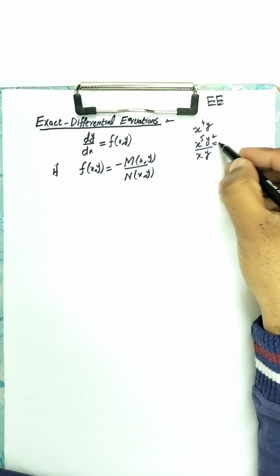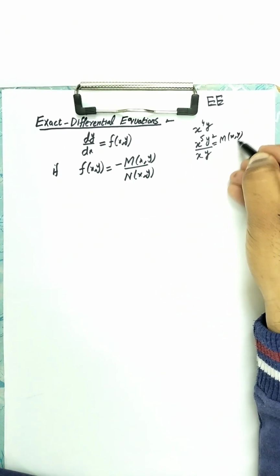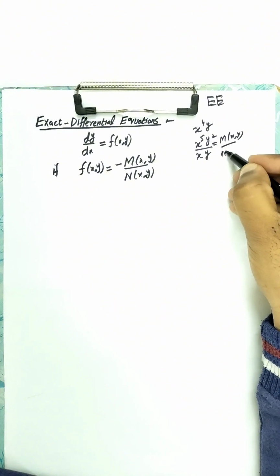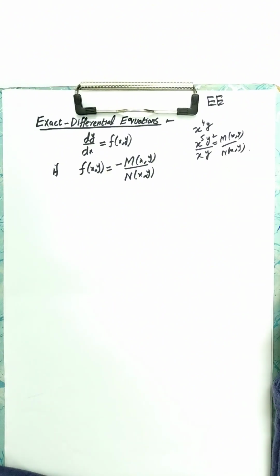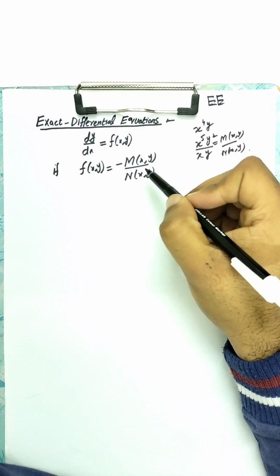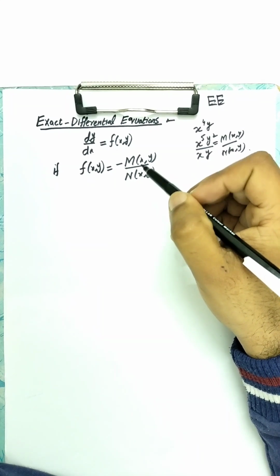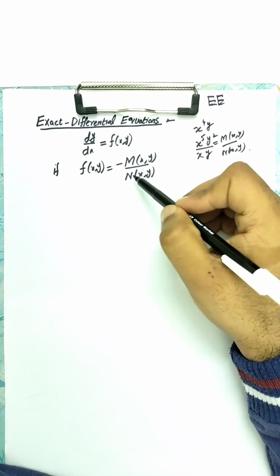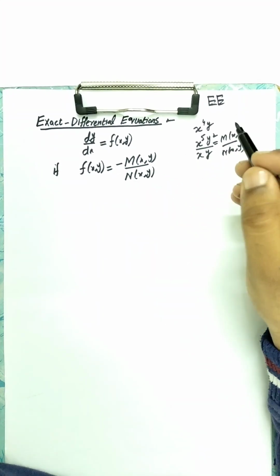So here, this is our M of xy and this is our N of xy. It means we write f of xy in this form. If we are able to write f of xy in this form, then we proceed further.